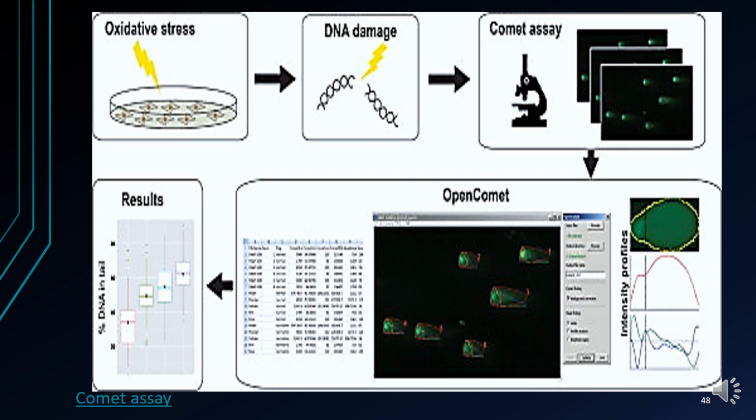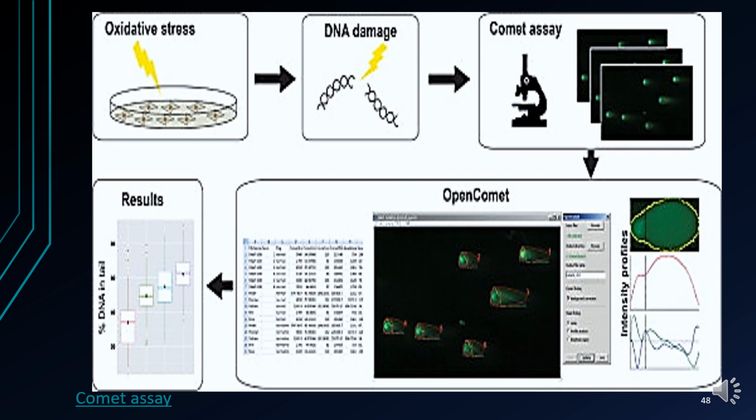So here is the microscope. This microscope will be attached to a high resolution camera, and through this camera it will be attached to the software. The picture generated under the microscope is evaluated for the comet form. Here the intensity of the head portion and tail portion will be evaluated.